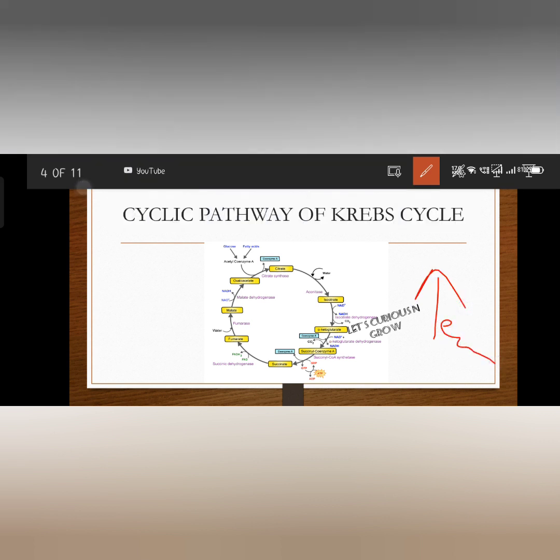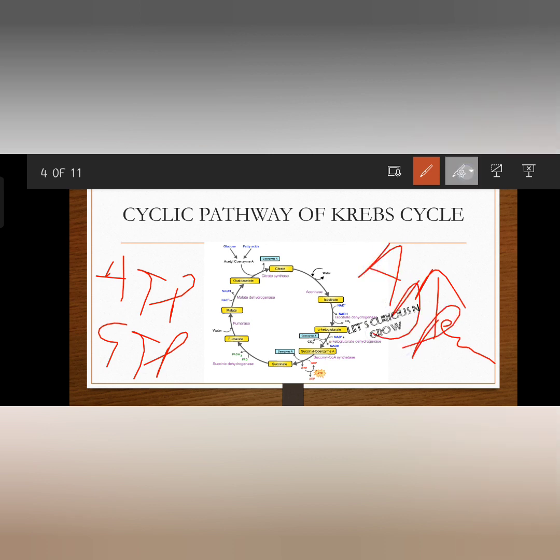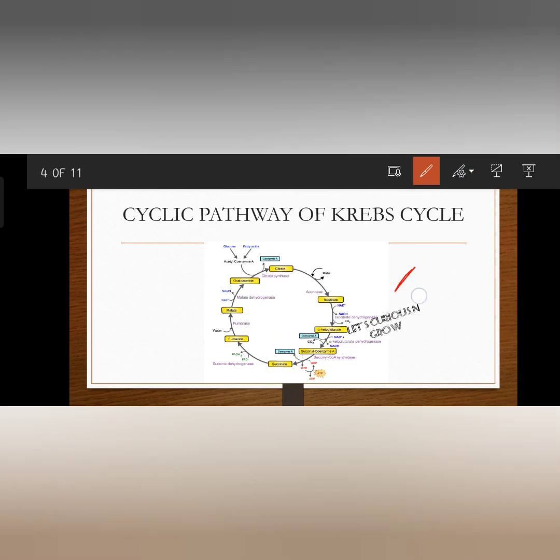What does ATP mean? ATP means energy. Energy is shown by this simple arrow, the basic arrow which means energy.